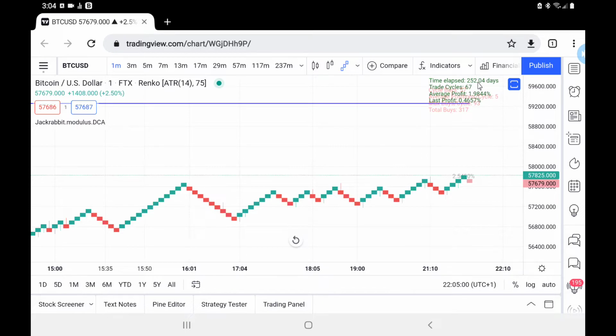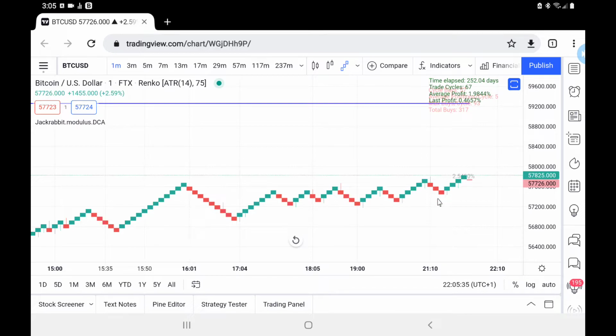Renko has a very unique process in that time is completely irrelevant to the way these candles function. It doesn't matter how long it takes for a bar to function or to fill up. Renko candles, often called bricks, are based upon a very set fixed size.